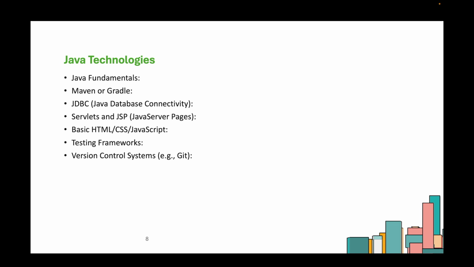If I want to deal with database applications, I use JDBC technology. If I want to develop servlet-based applications, I use Servlet technology. So a lot of technology is available from Java.